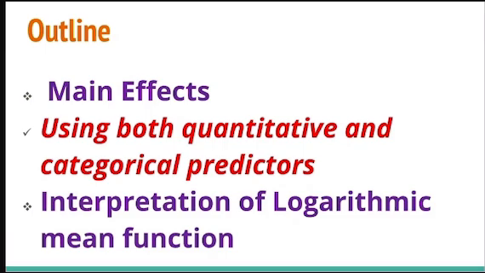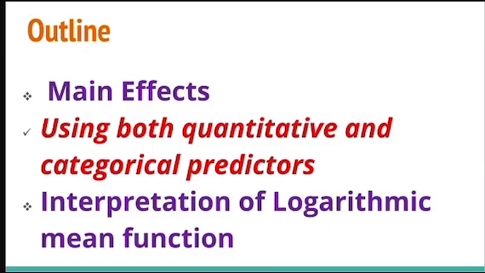Then how do we interpret a logarithmic mean function? When I talk about a logarithmic mean function, maybe the response variable is on a logarithmic scale. How do we interpret that?